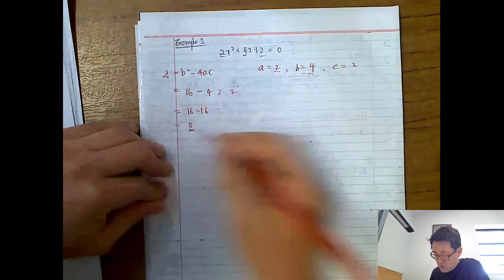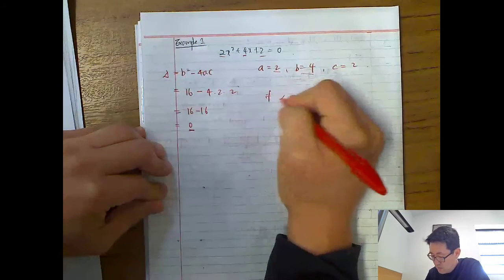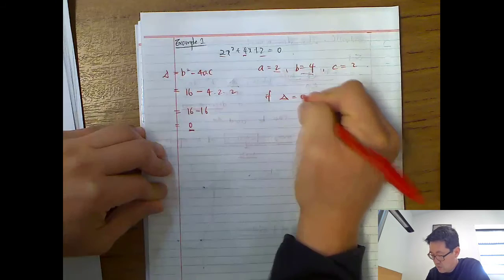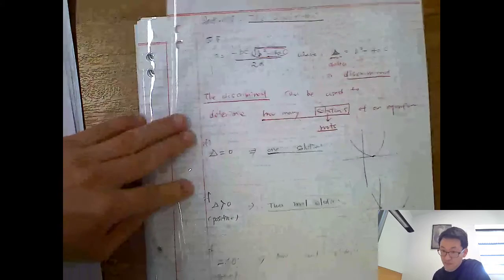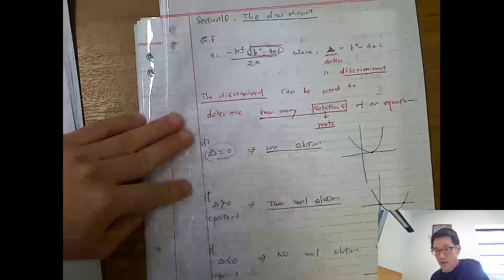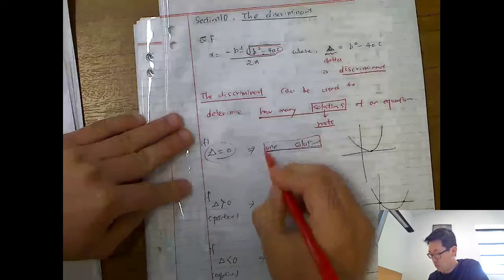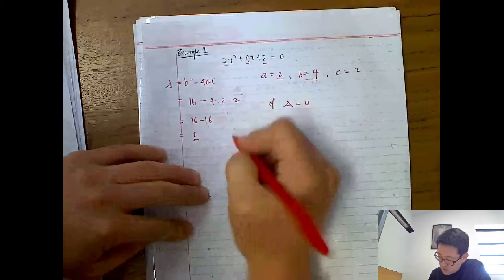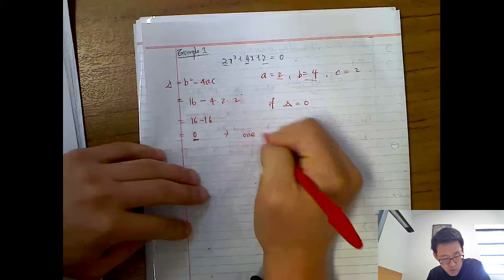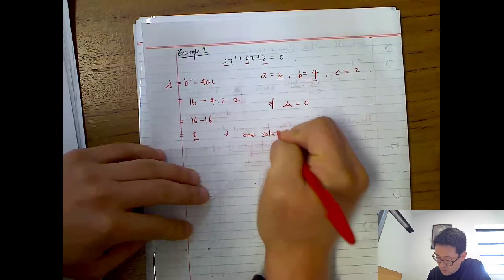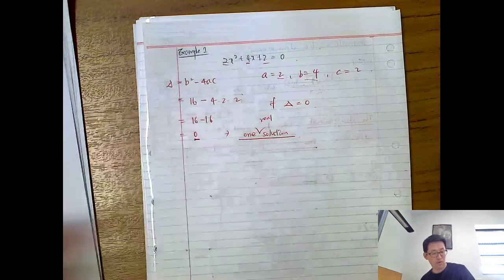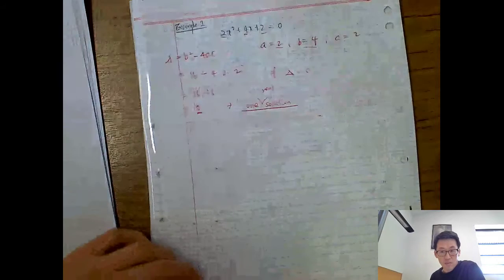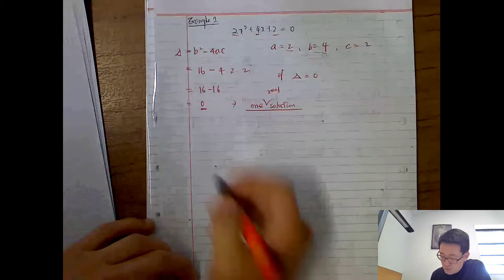If the discriminant delta equals 0, when you go back to the previous one, how many solutions do we have? We got one solution. So the answer is one solution, or one real solution. Okay, that makes sense.